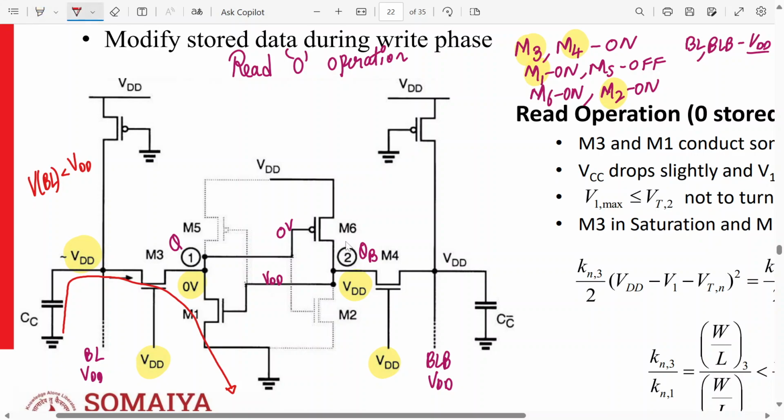Similarly here what will happen? Here the voltage at BLB is VDD and the voltage at QB is also VDD. So will the capacitor discharge? No. The capacitor will retain the charge. So C bar will retain the charge. So the voltage at BLB will be exactly equal to VDD. Agree? Okay.